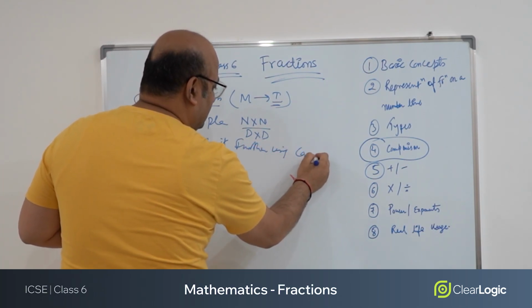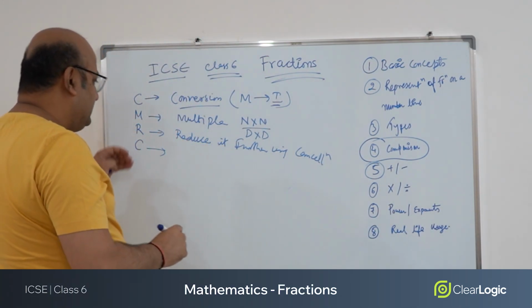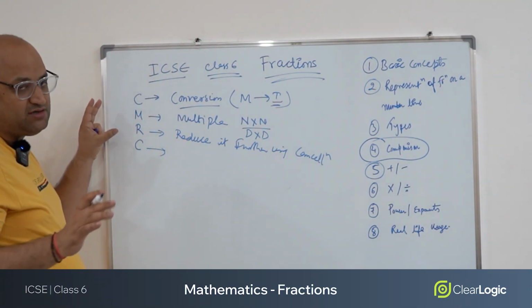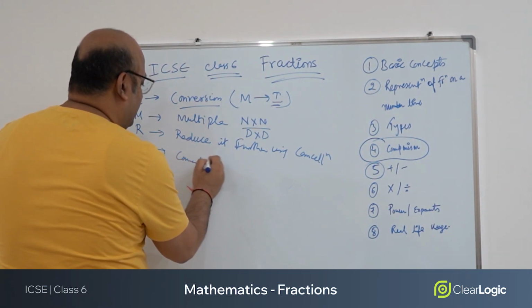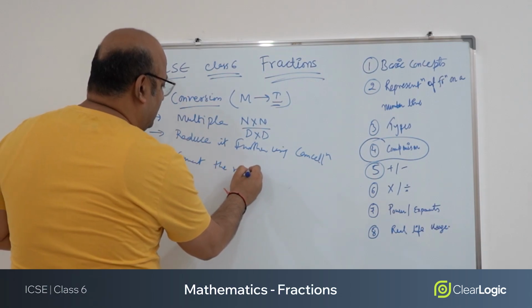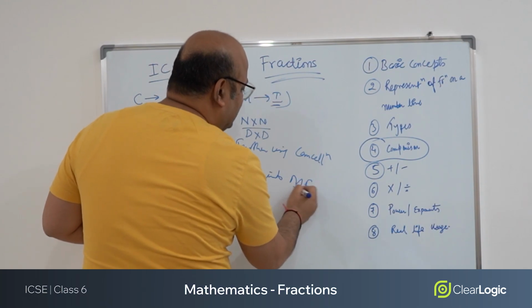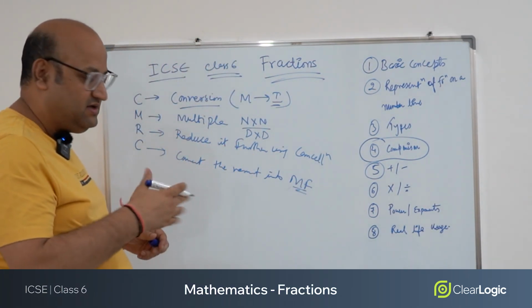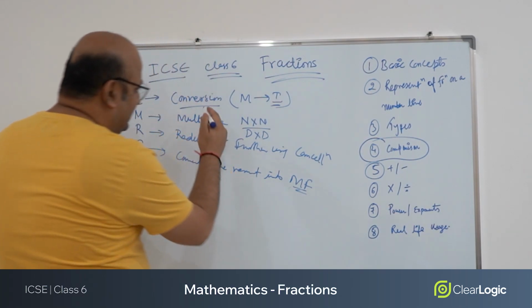And last part is, again, both the C's are not compulsory, these are optional. Last part is convert the result into mixed fraction if it's asked. If it's not asked, leave it. So how we'll apply all these things?